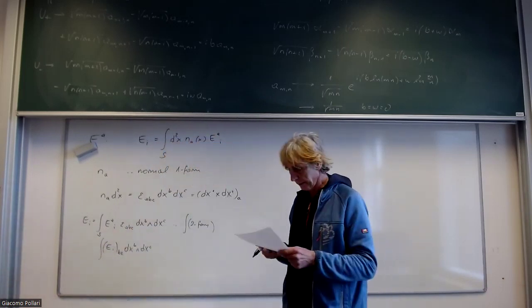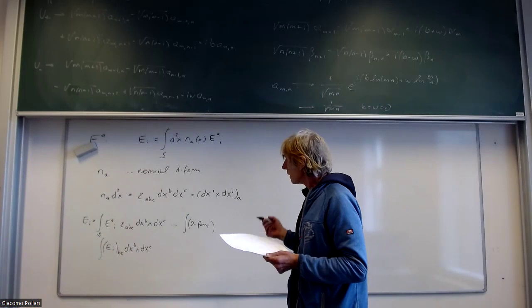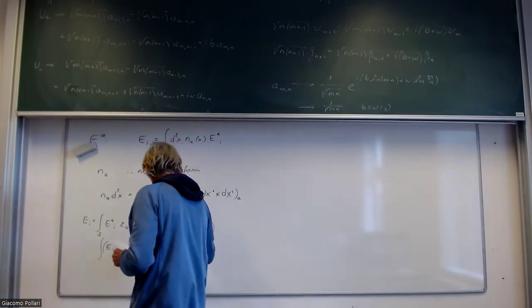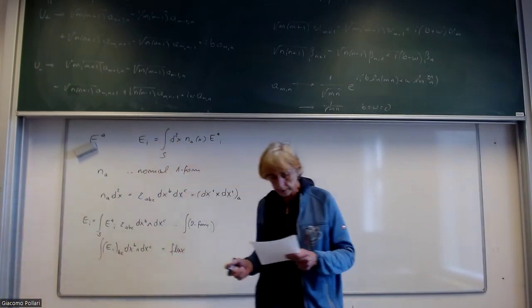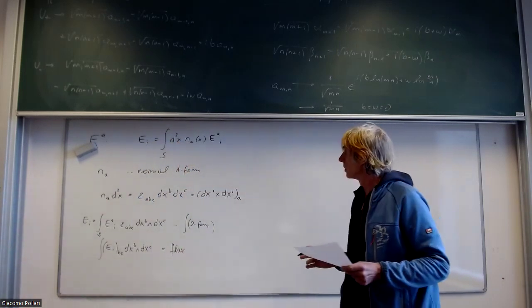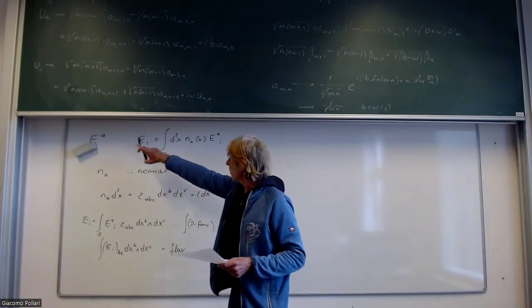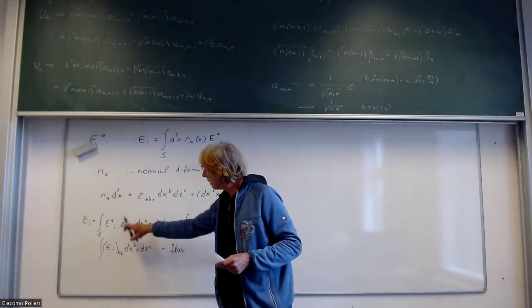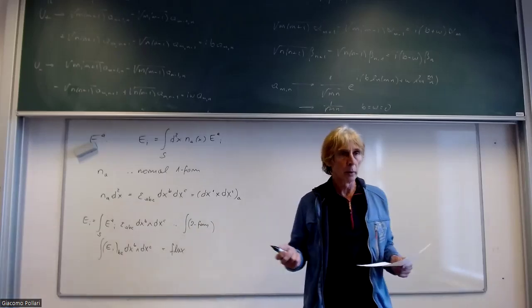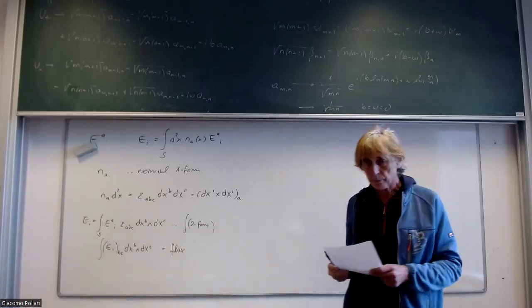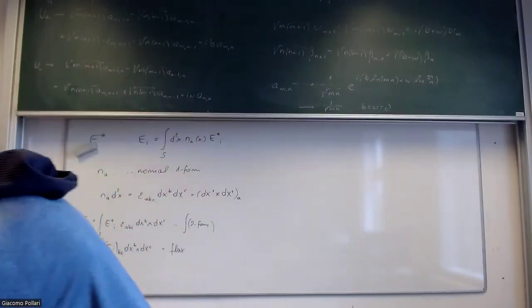So we can see it as an integral. The flux can be formulated as an integral over a two-form. So here we have a vector density, and so here we can find an invariant integration over a two-form. So that was the first remark.